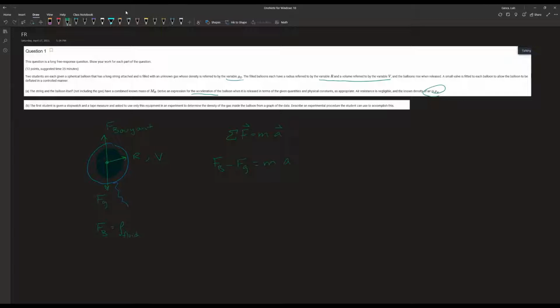So in this case, it's going to be the density of air times the acceleration due to gravity times the volume displaced. So because this balloon is occupying space in the air, it's going to push some air out of the way, which in this case, the volume displaced equals the volume of the balloon, which they told us is just V.